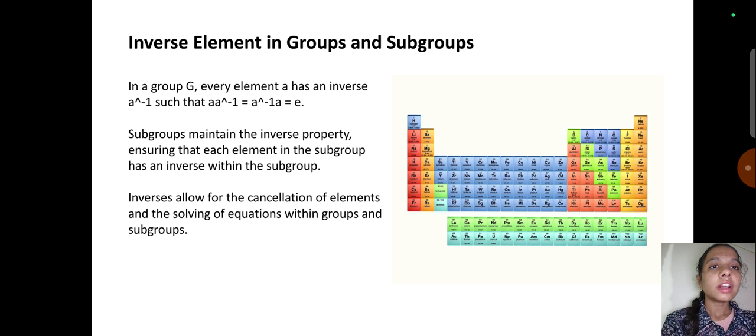Subgroups maintain the inverse property, ensuring that each element in the subgroup has an inverse within the subgroup. The inverse allows for the cancellation of elements and the solving of equations within groups and subgroups. And this is about the inverse element in groups and subgroups.